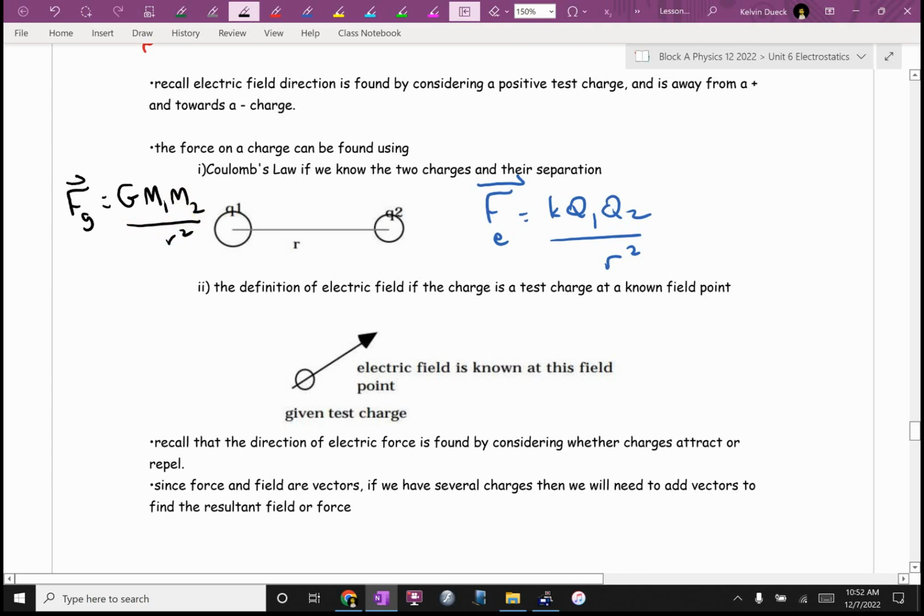When would I use that? Well, if they ask me to find an electric force and they give me two charges and the distance between them. But you'll notice last year, Cohen, when we found gravity, we said, get the obvious one. We wrote this as our shortcut. I can do something similar for electric force.